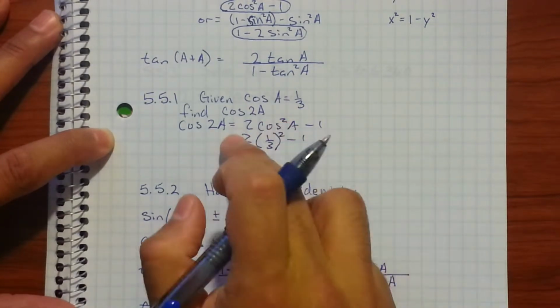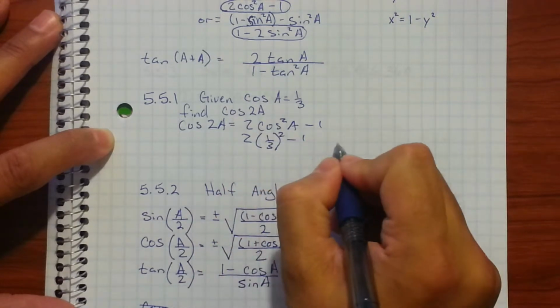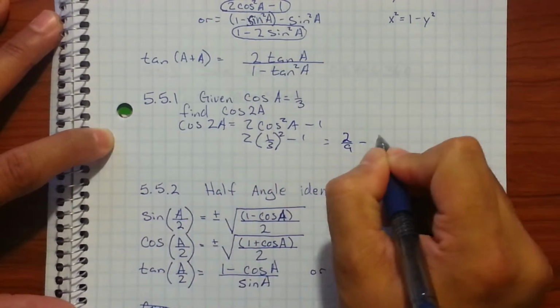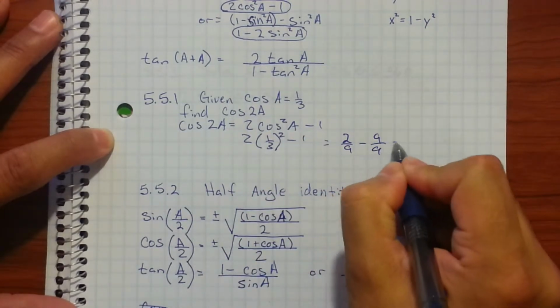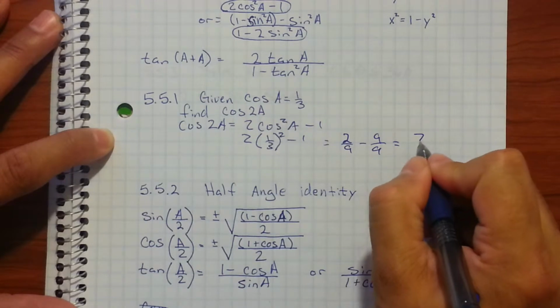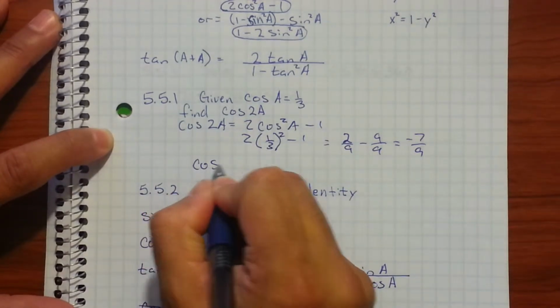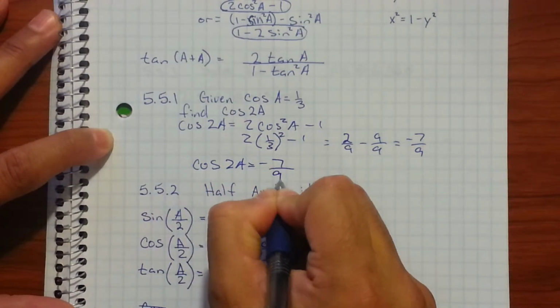It's 1/9. That makes it 2/9. So that's going to be 2/9 minus 1, which is 9/9, which gives me negative 7/9. So cosine of 2A is negative 7/9.